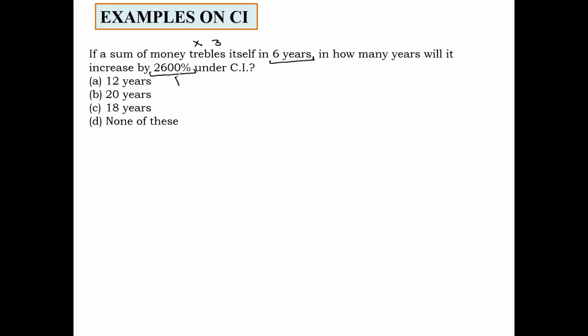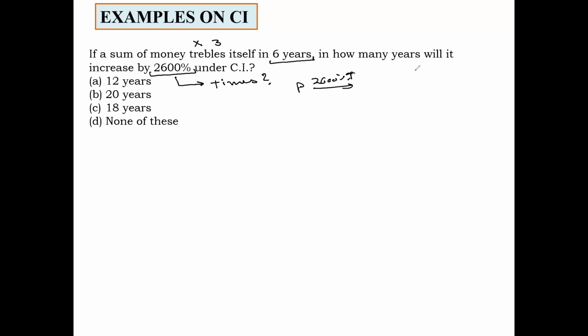If something is increasing 2600%, how many times of itself does it become? If we start with P, for example, and increase it 2600%, what will be the final value? No, it will not be 26P.